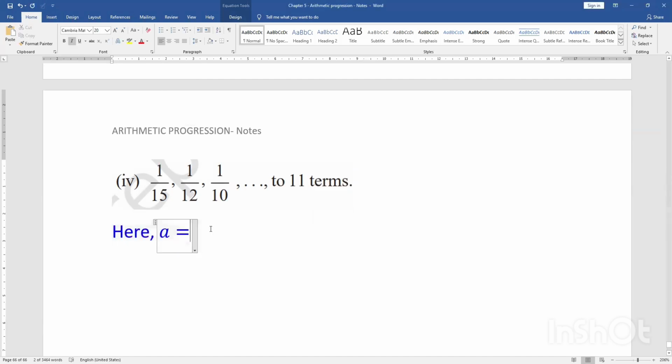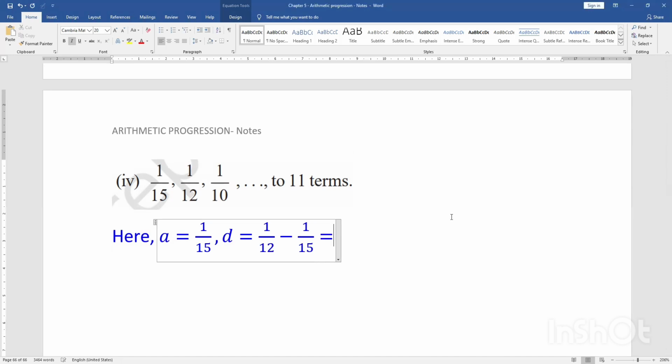So A value is going to be 1 by 15. And then we have D is equal to second term minus first term. That means 1 by 12 minus 1 by 15.